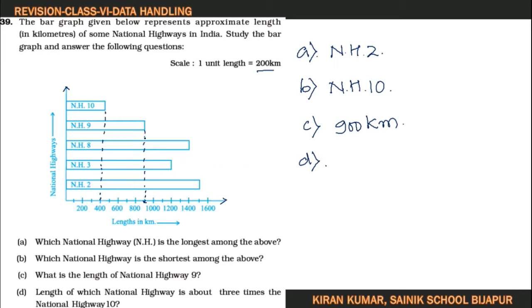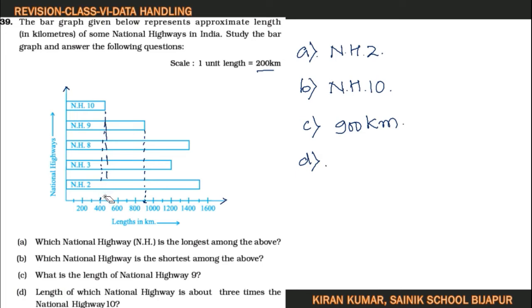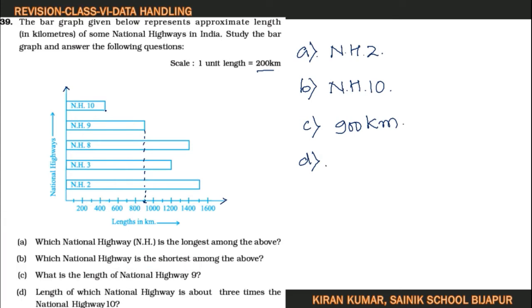National Highway 9. Did I draw it properly? It is 450. I made a mistake here. This is not a straight line. We need to draw a straight line over here. It is 450.